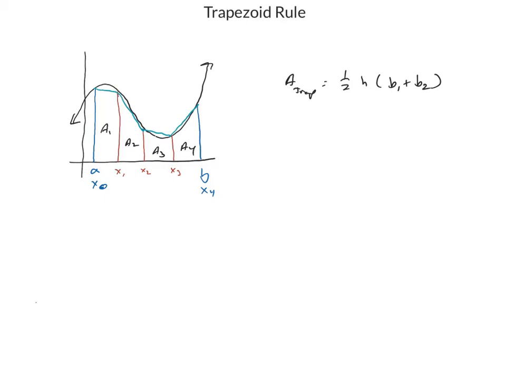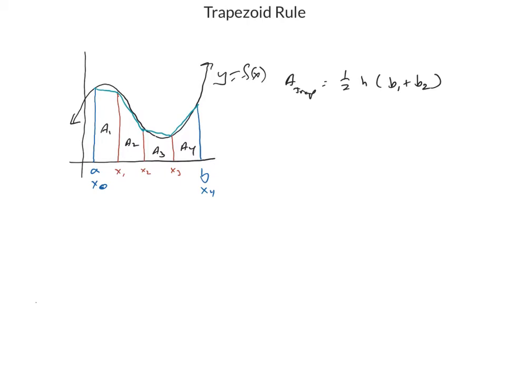And so the length of each base is equal to the y-coordinate that we have at that point. So in this particular function, if this function is y equals f of x, I can go through and find the area of each trapezoid.